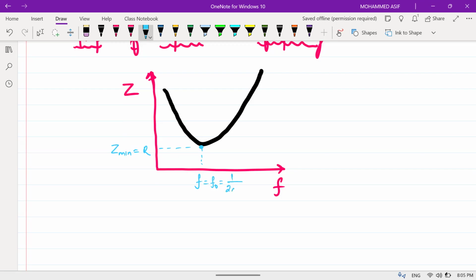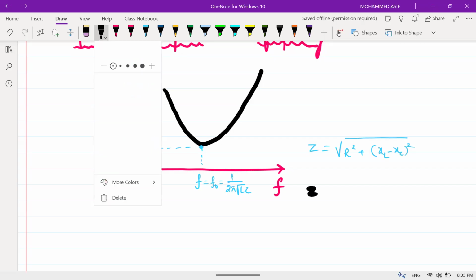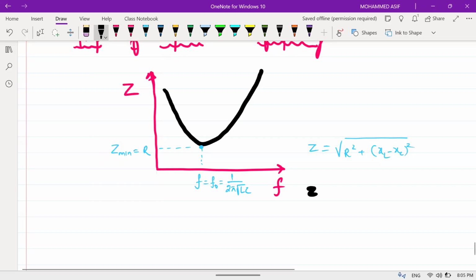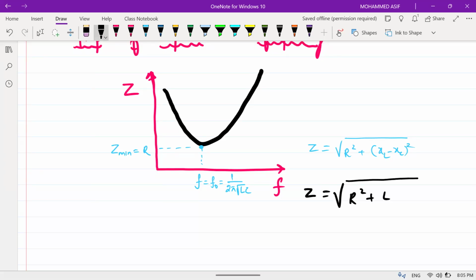That is equal to 1 by 2 pi under root of L into C. So in this condition, Z will be equal to under root of R square plus (XL minus XC) whole square. That means Z will be equal to under root of R square plus (L omega minus 1 by C omega) whole square.